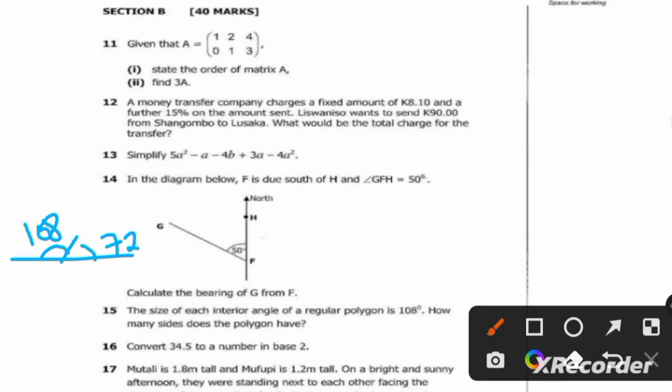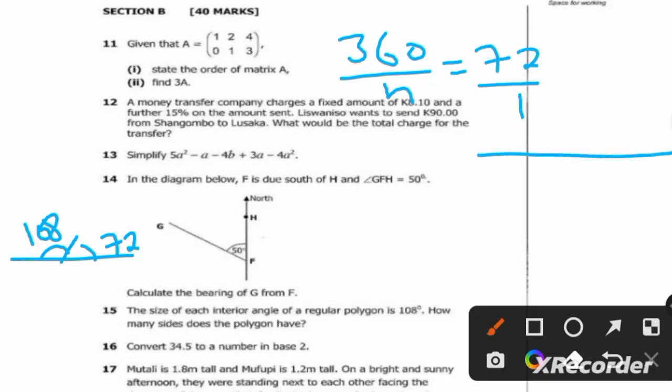So we are going to say 360 over n is equal to the exterior angle, which is 72. Let us do a cross multiplication. So we are going to say n times 72 is equal to 1 times 360, we are going to have 360.